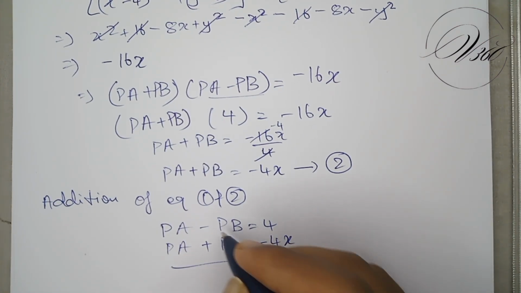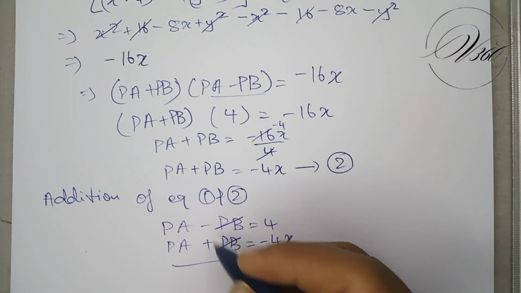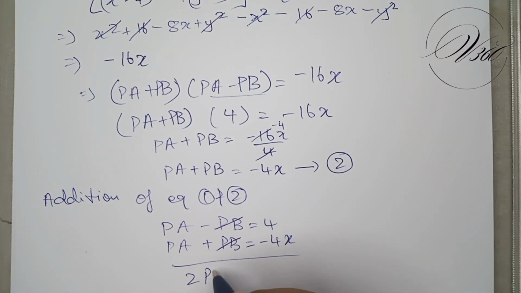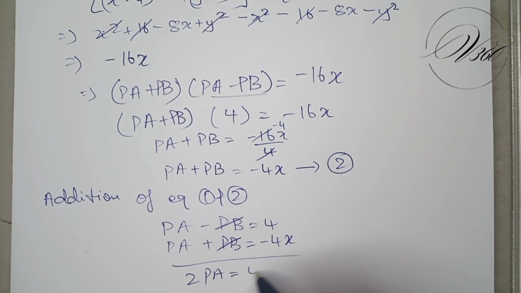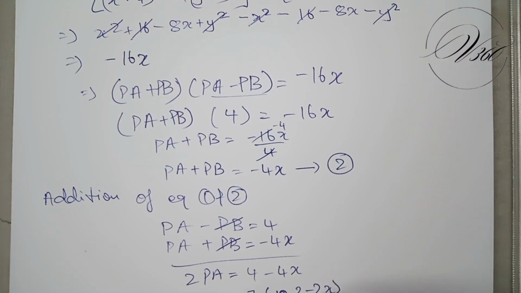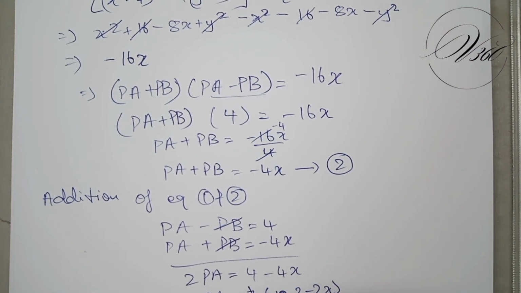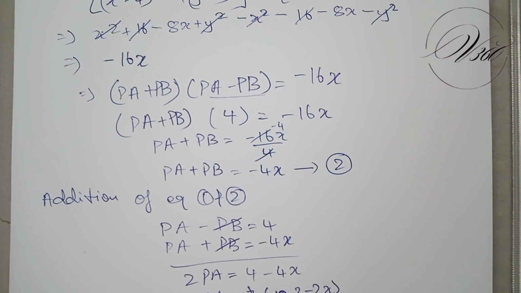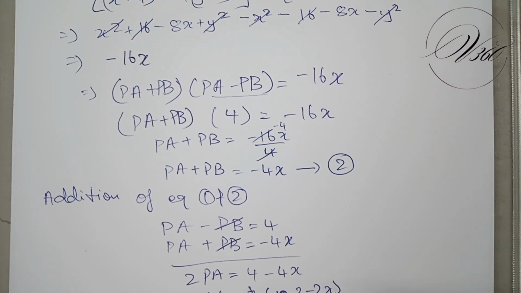If we add, minus and plus cancel. Now 2PA is equal to 4 minus 4x. If we take common, we get 2 of (2 minus 2x), which is 2PA. Now the 2 gets cancelled, we get PA is equal to 2 minus 2x.